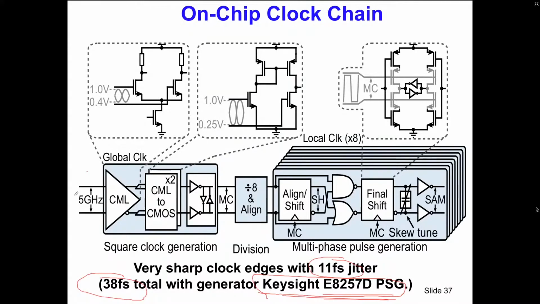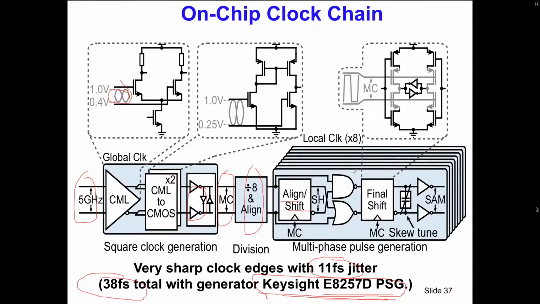So here is the 5 gigahertz differential input. Obviously, you go first into a common mode amplifier to translate into CMOS over here, and that results in the master clock over there. That master clock is divided by 8, and those 8 clock edges corresponding to the sampling moments in the 8 A to D converters need to be aligned and need to be shifted in order to get skew errors out of that.